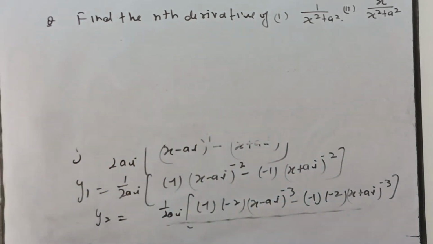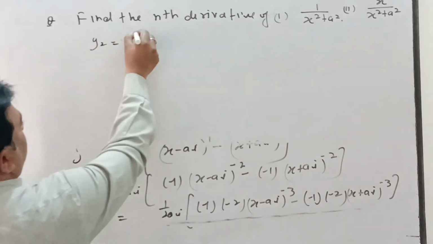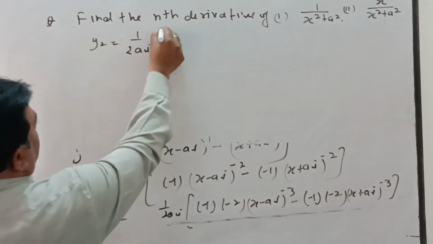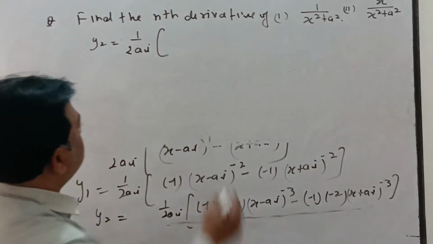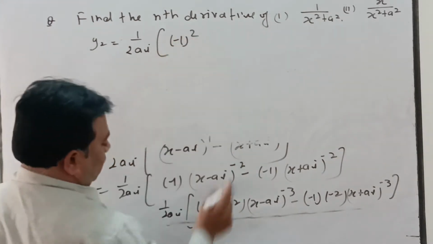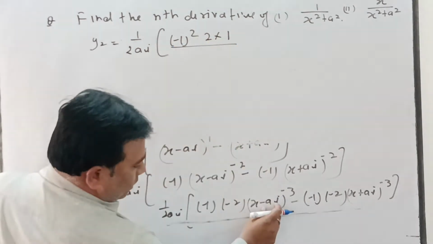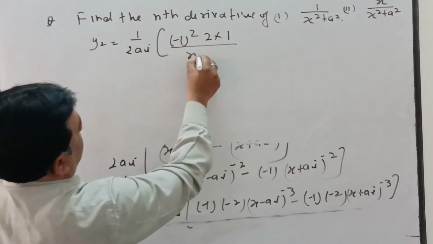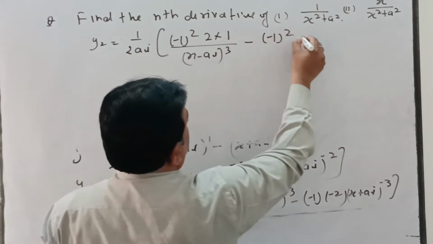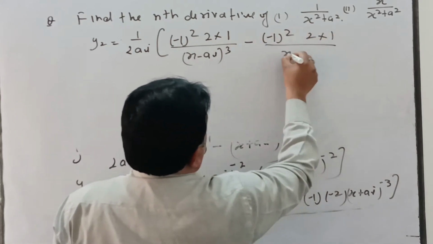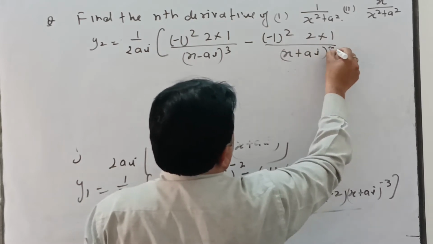Now we change the form of this. y2 equals 1 upon 2ai times (minus 1 squared, taking out the 2 minus signs, 2 into 1 upon positive power of (x minus ai) to the power 3, minus similarly minus 1 to the power 2 into 1 upon (x plus ai) to the power 3).